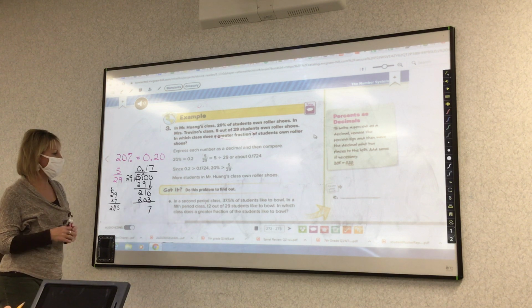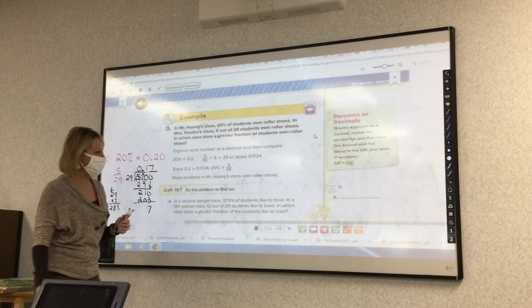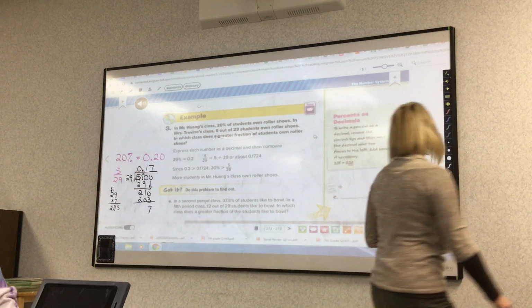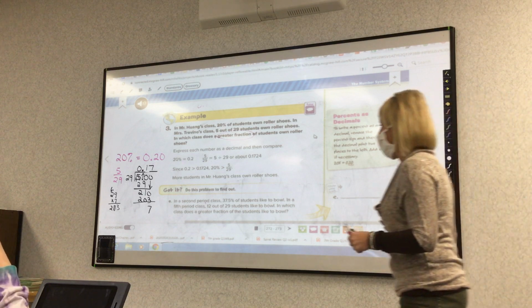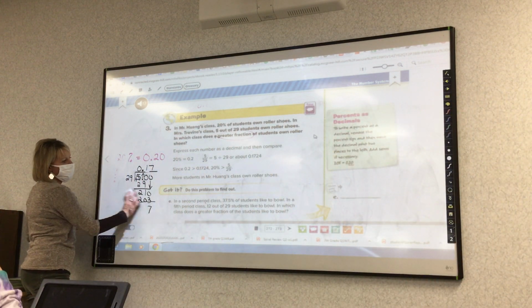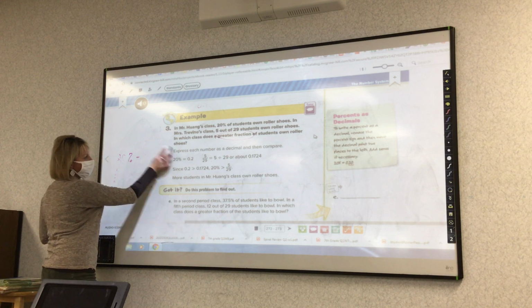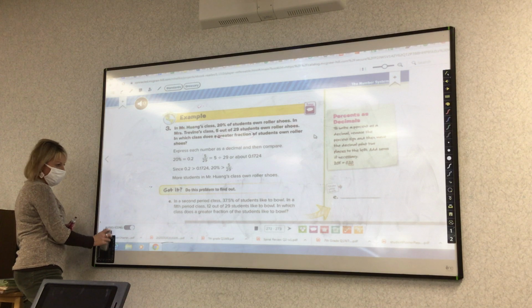So let's look at E. In a second period class, 37 and 5/10% of the students like to bowl. In a fifth period class, 12 out of 29 like to bowl. In which class does the greater fraction of the students like to bowl?